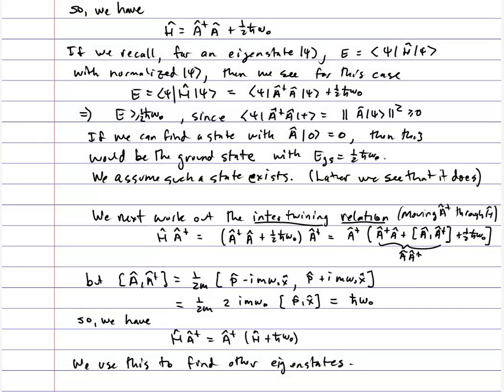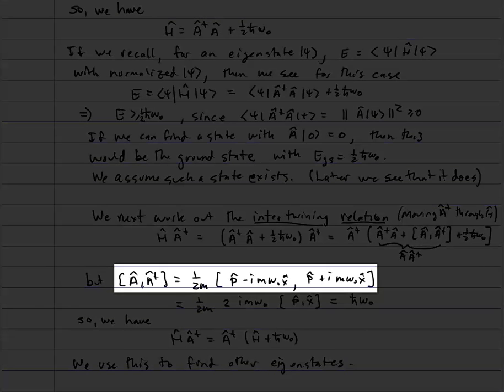Well, let's calculate this commutator between a and a dagger. It's 1/2m, the commutator of p hat minus i m omega 0 x hat, with p hat plus i m omega x hat. Now, I can think about foiling out the commutator. The commutator of p with itself is 0. The commutator of x with itself is 0. But I'm left with terms that involve the commutator of p with x and the commutator of x with p.